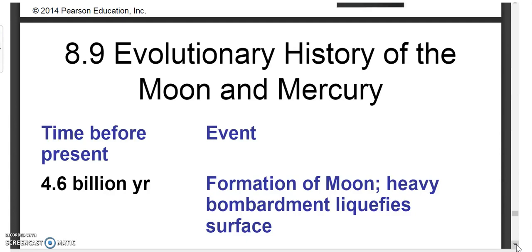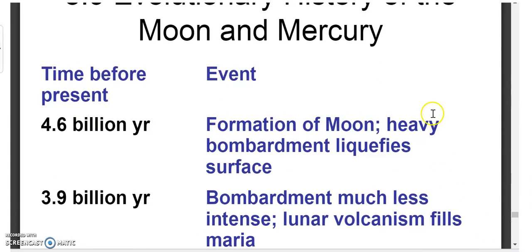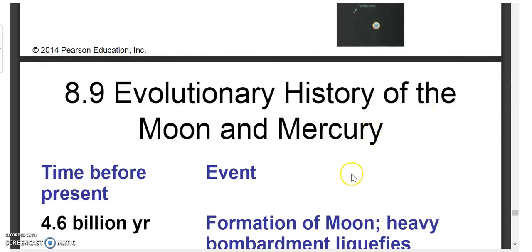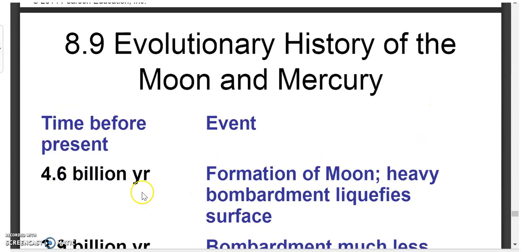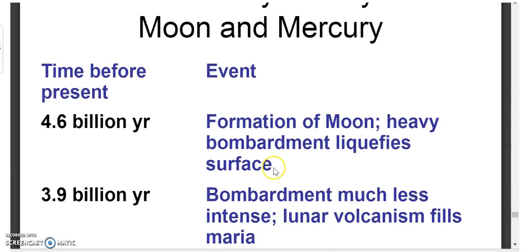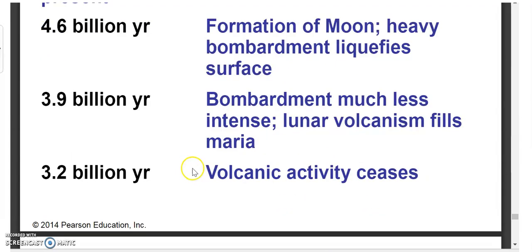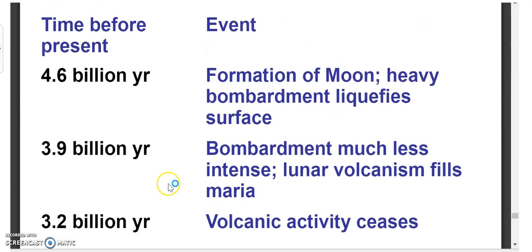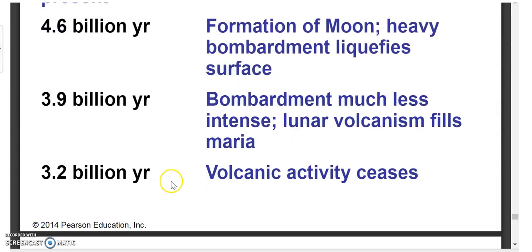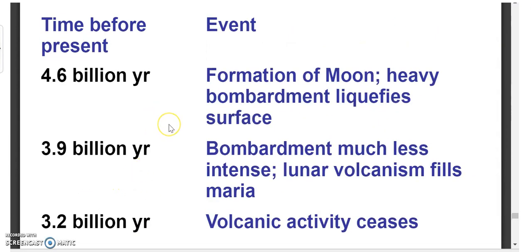All right, so this is just going through the history. So of course, 4.5 billion years ago is the formation of the entire solar system, including the Sun. Lots and lots of collisions were taking place, and then roughly about 3 billion years, let's see, what is this time before present time?